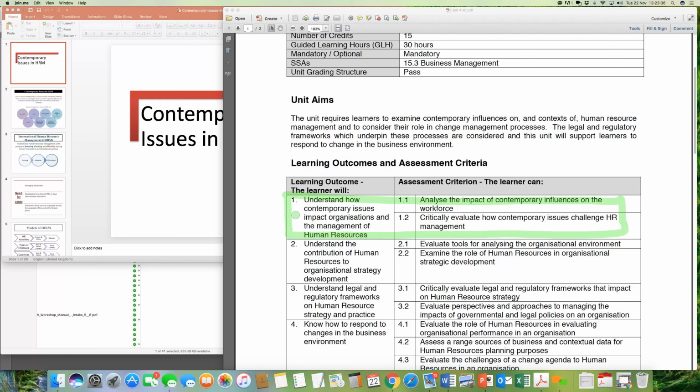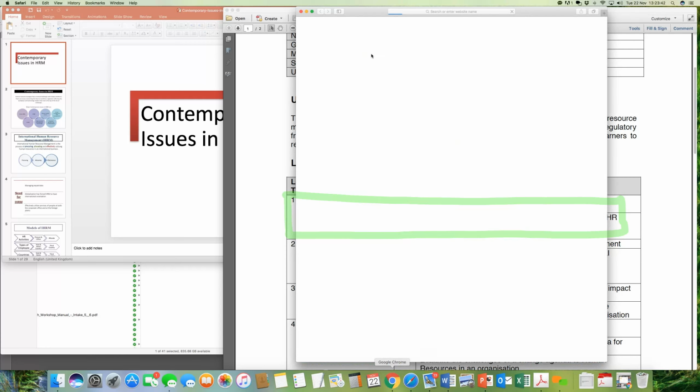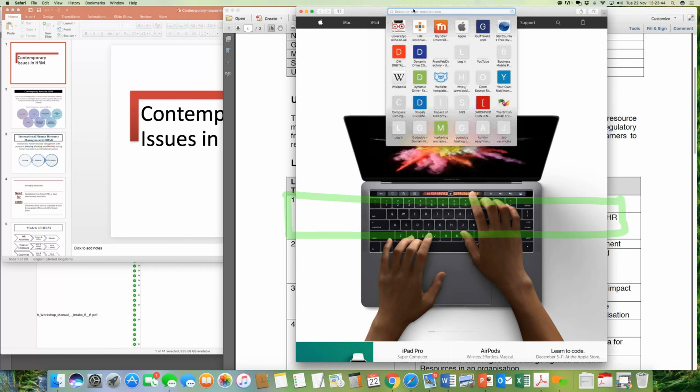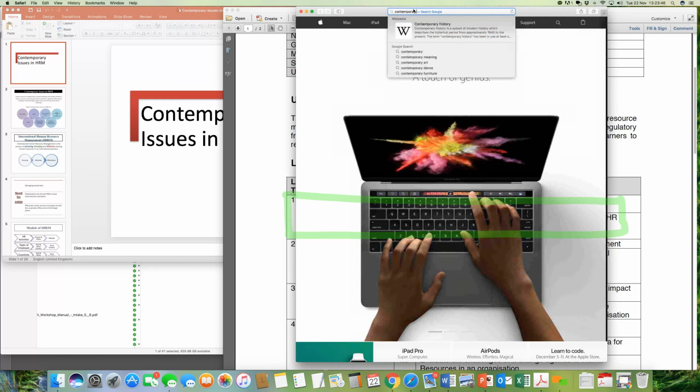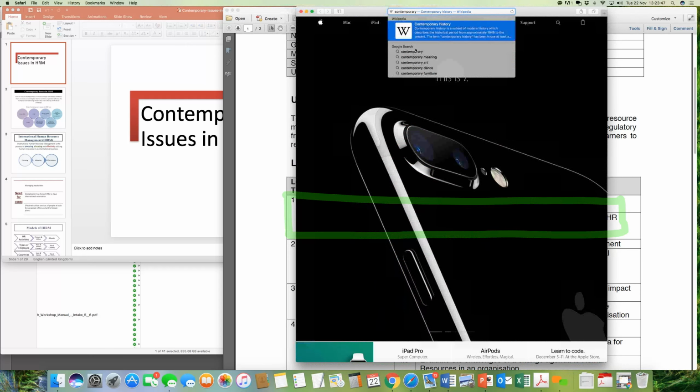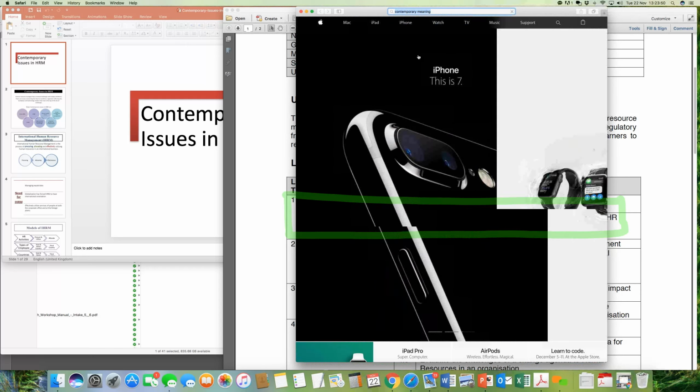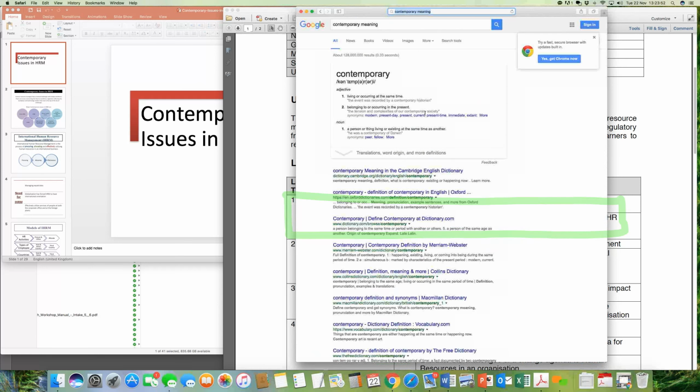Looking at the definition of the word contemporary, it talks about things occurring at the same time, or belonging to or occurring in the present.